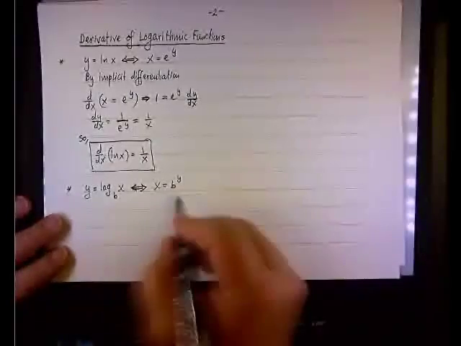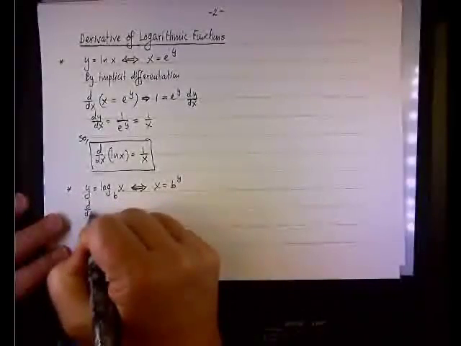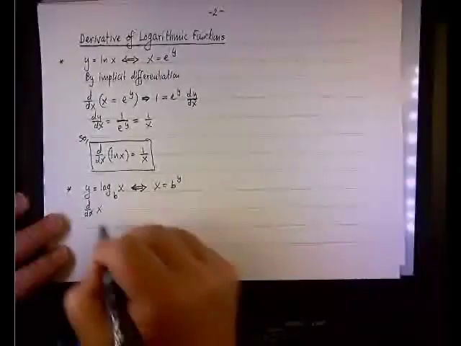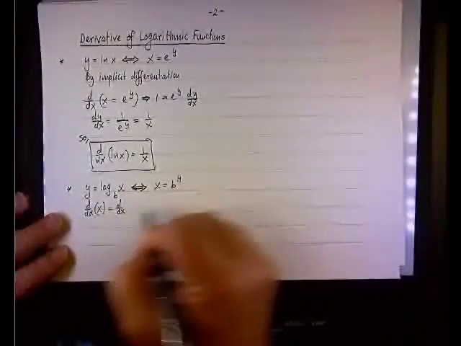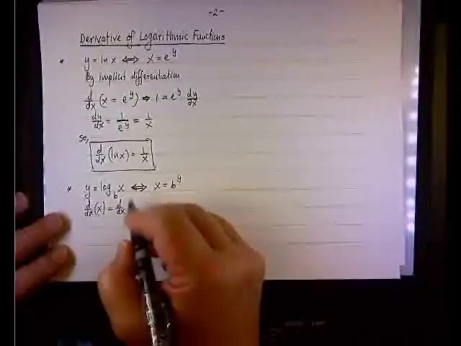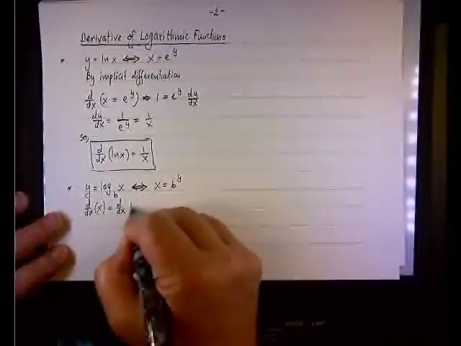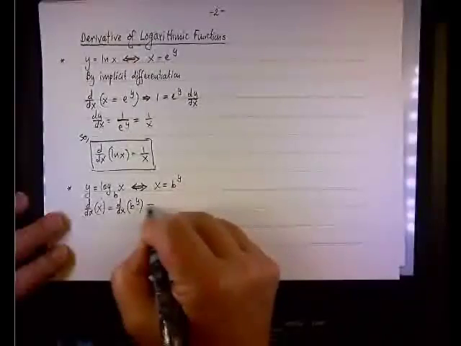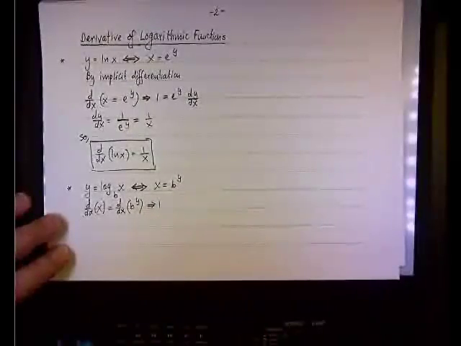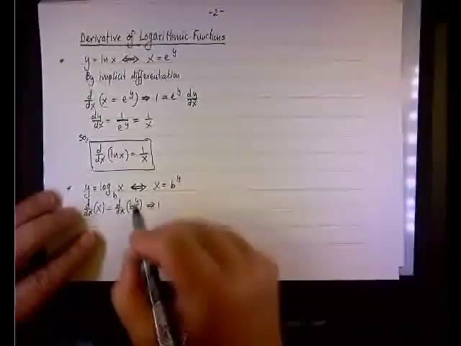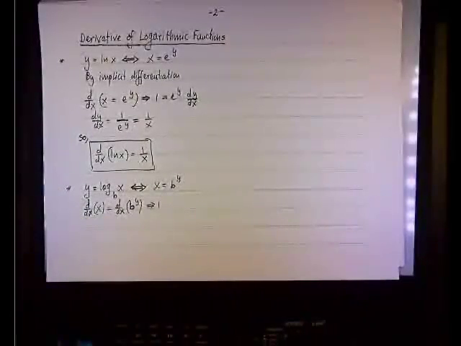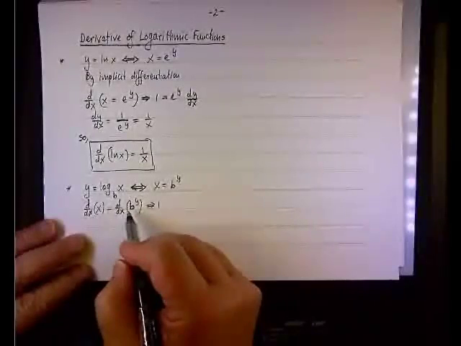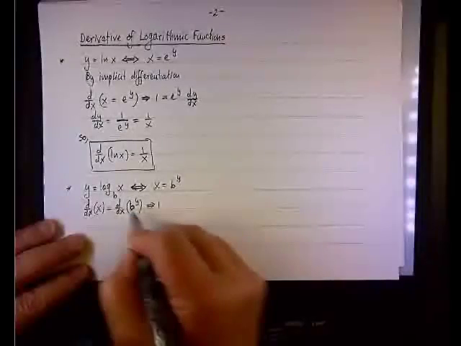So now, again, implicit differentiation. We'll do the same treatment: d dx of x on one side equals d dx of b to the power of y on the right side. So we get 1 on the left, and on the right side we have b to the power of y. What is that? But we saw it already.